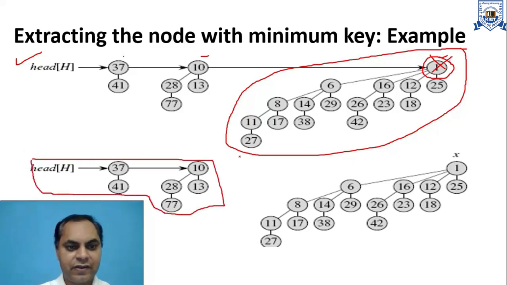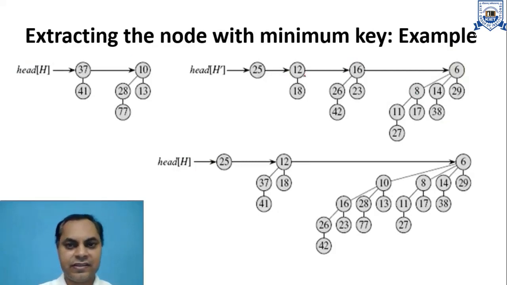Now what will happen to the children of node x, 1? 6, 16, 12, 25. We have to reverse these lists, that means 25 first, then 12, then 16 and 6, and make a new heap. We'll make a new heap H dash like this.